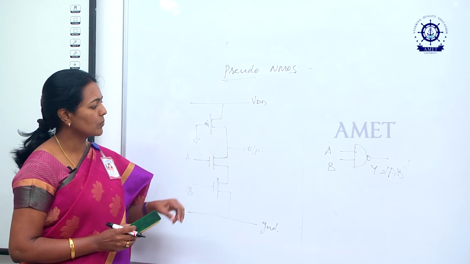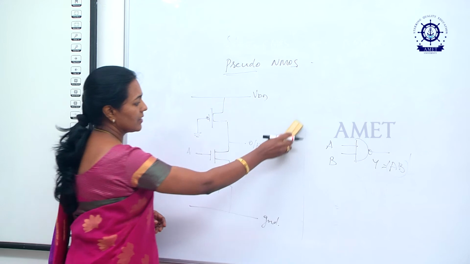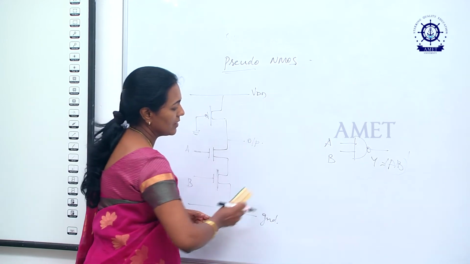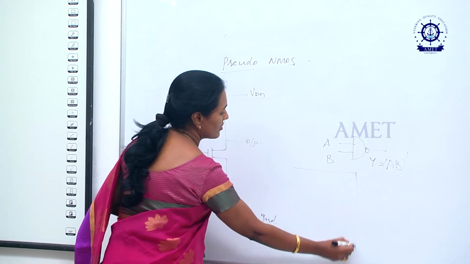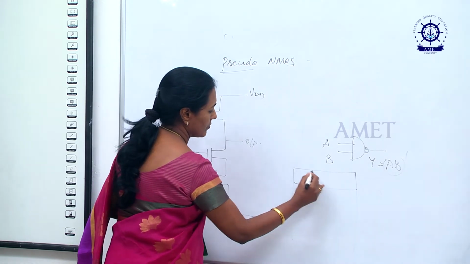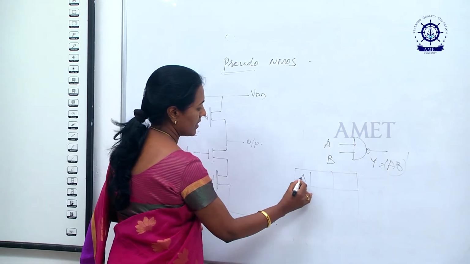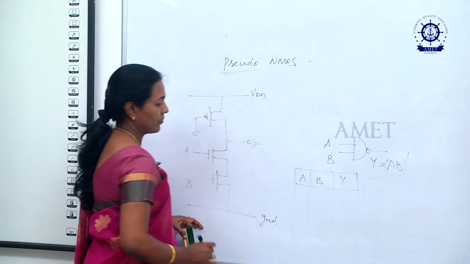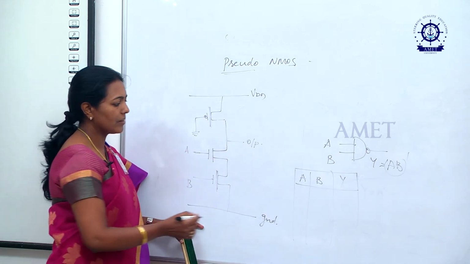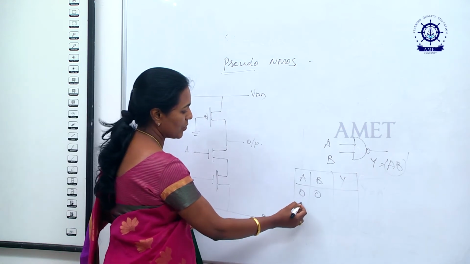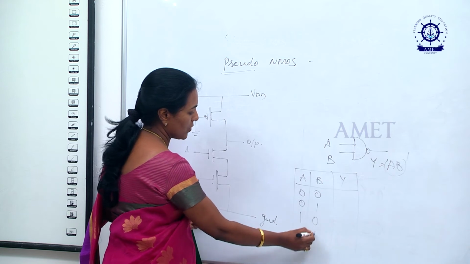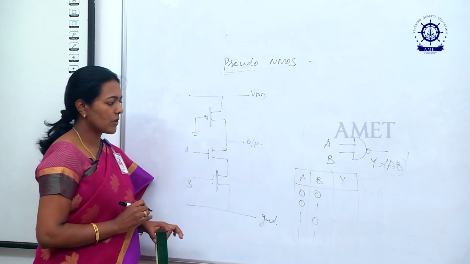Accordingly, we are able to get the output, and let me try to explain the truth table of this particular gate. A, B, Y. You know the combinations of A and B, that may be either 0, 0, 0, 1, 1, 0, 1, 1. So, what is the output?